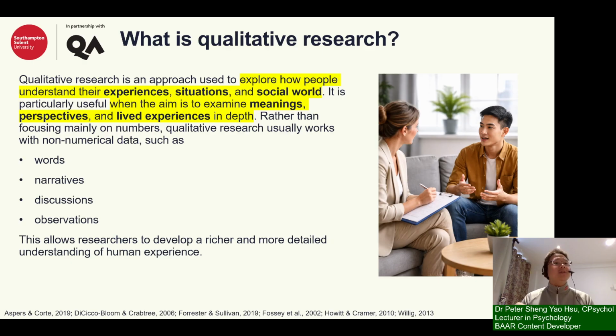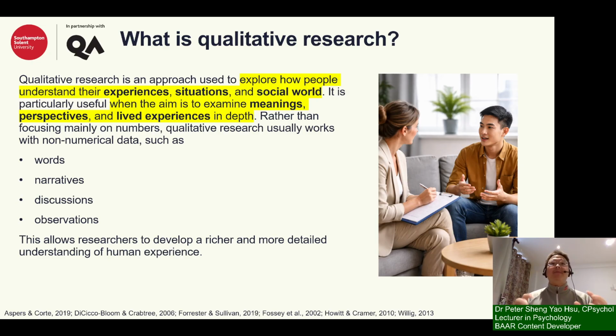But qualitative researchers might instead ask students to describe what it is like to study while also working, caring for children, managing finance, or returning to academic writing after a long time away from education.